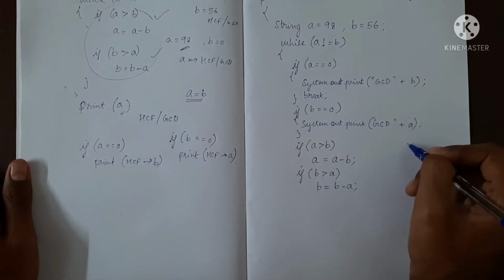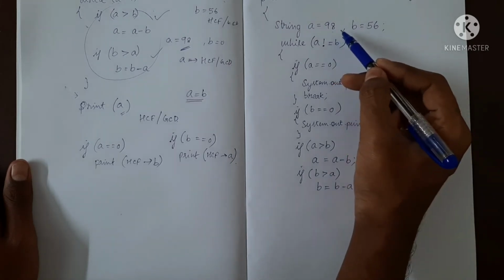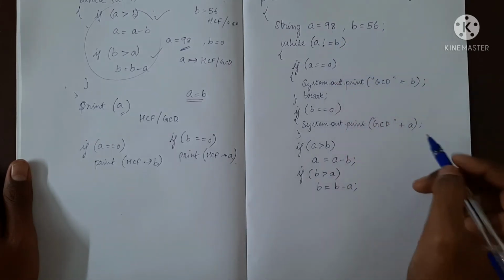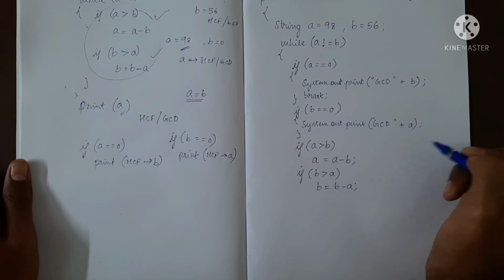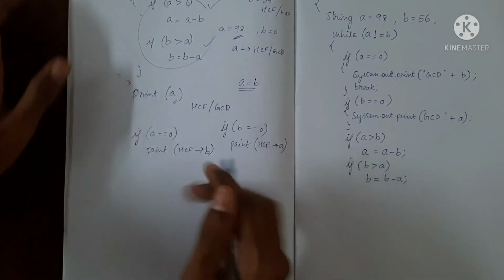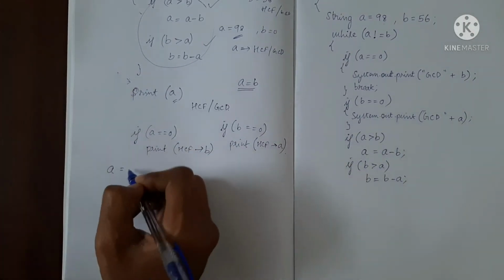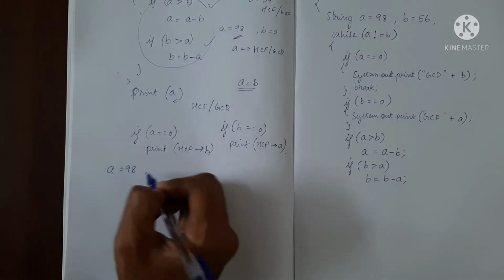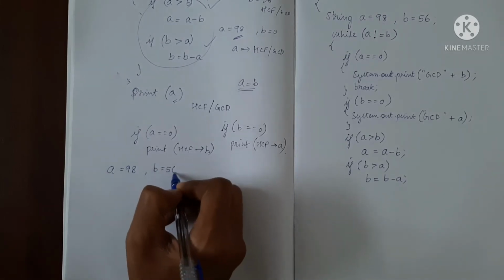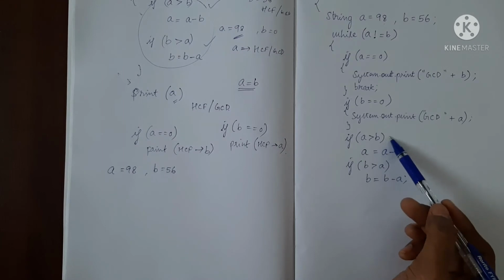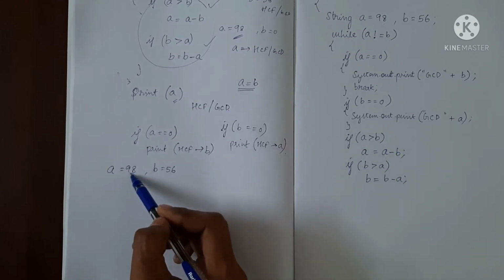So we have A is 98 and B is 56. Let me do it over here. A is 98, B is 56. We'll check which one is greater. So A is clearly greater.